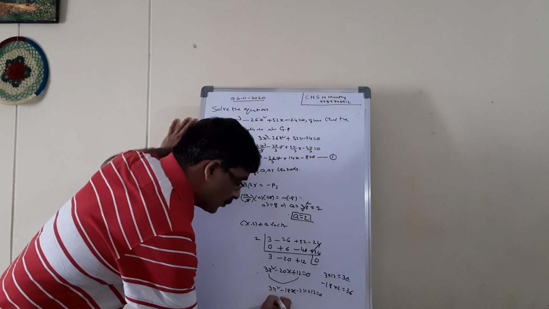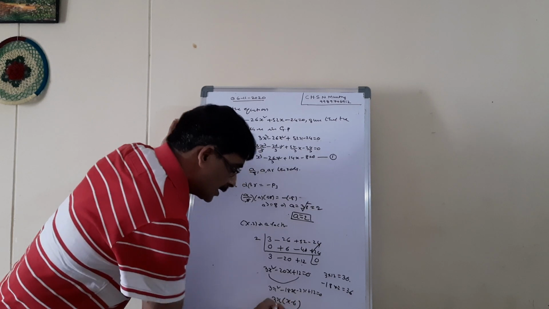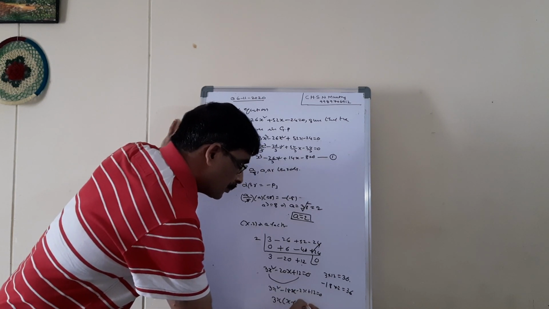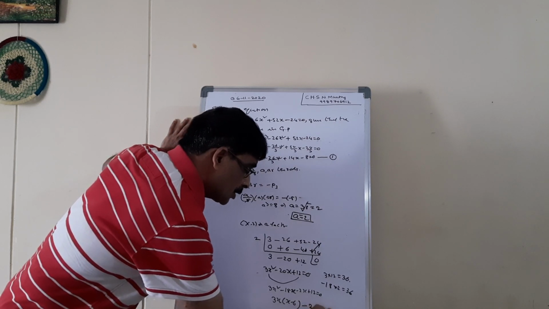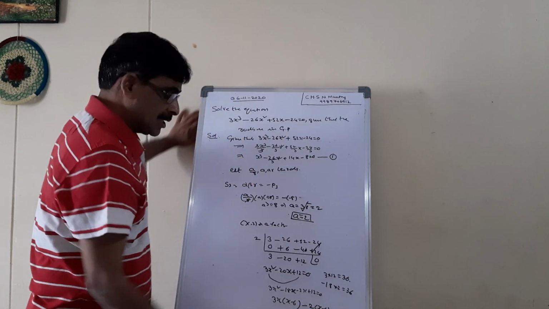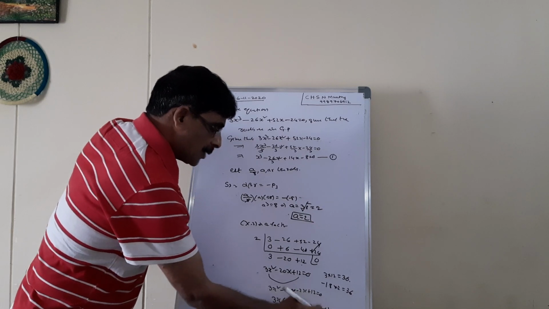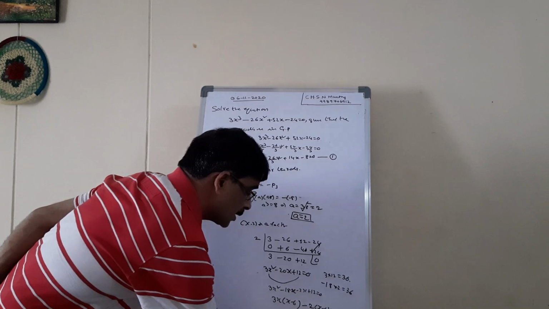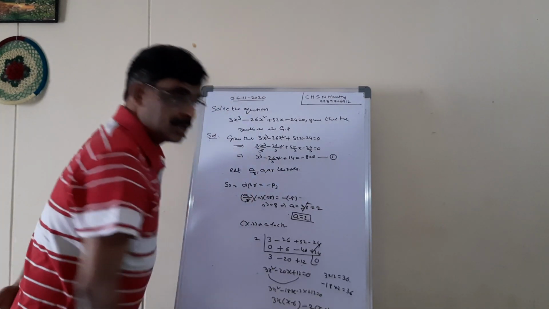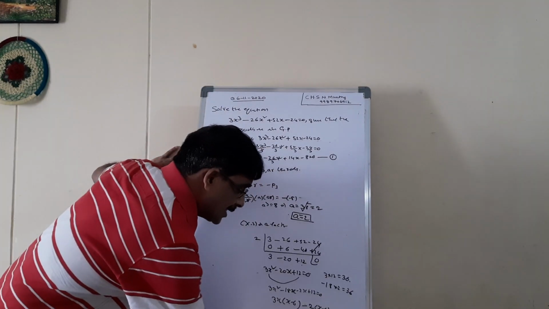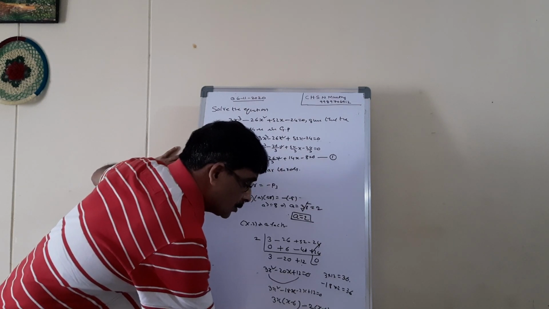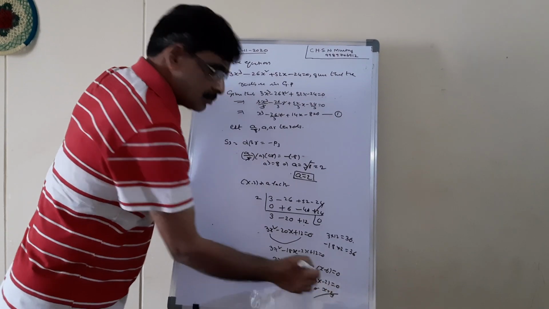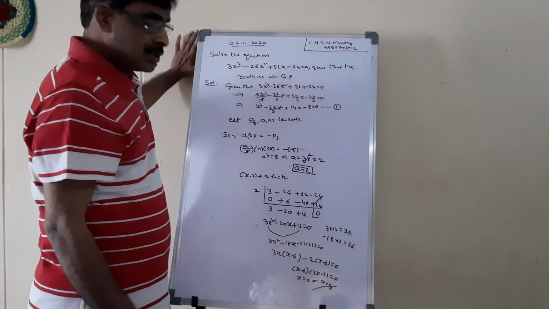You take 3x common: 3x square minus 18x gives 3x into x minus 6. Here you take minus 2 common: minus 2x plus 12 gives minus 2 into x minus 6. Again x minus 6 is common, so we have x minus 6 into 3x minus 2 equal to 0. So x equal to 6 or x equal to 2 by 3. But this is not possible, so you take x equal to 6.